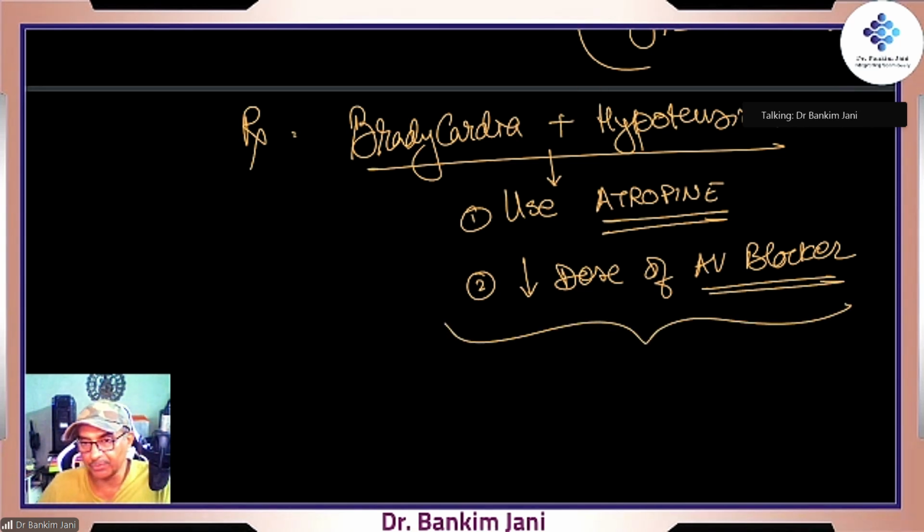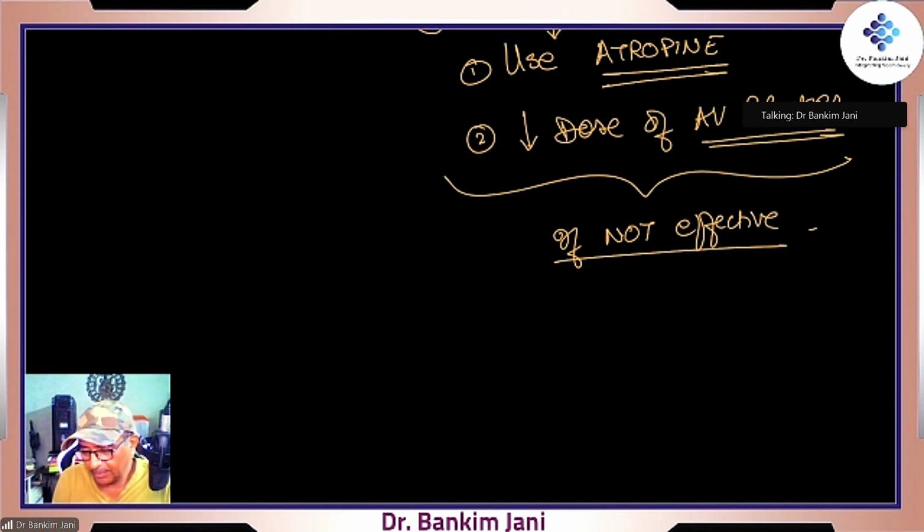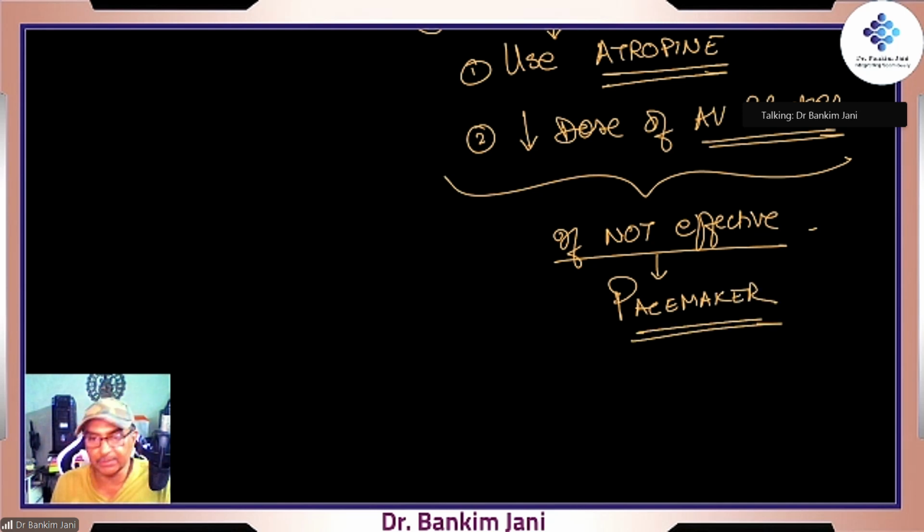But what if it is not effective? If not effective, other drugs are there which can be tried, but otherwise you need to go for pacemaker, because this condition can worsen very fast. So we need to go for pacemaker. There are two types of pacemaker.